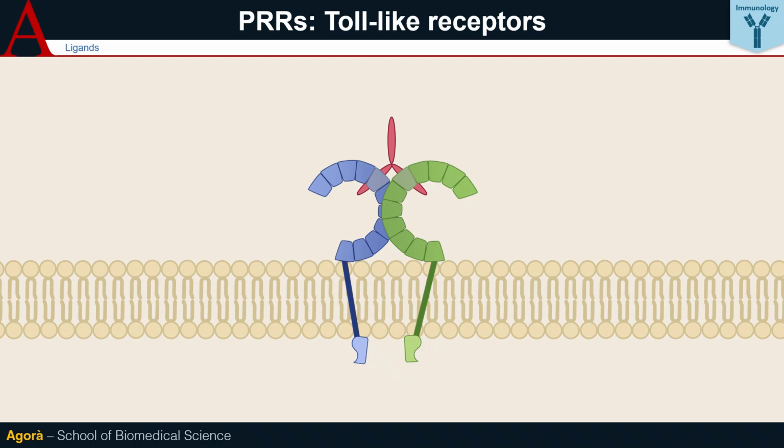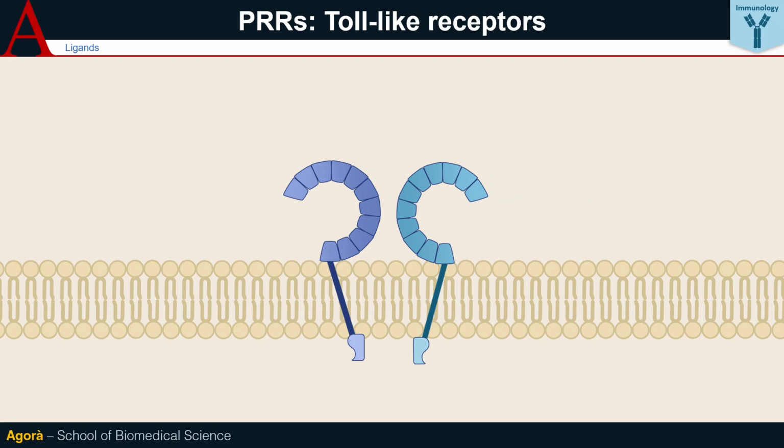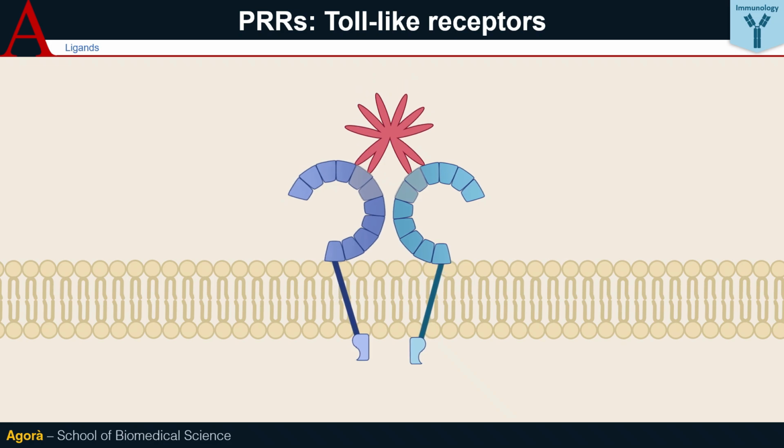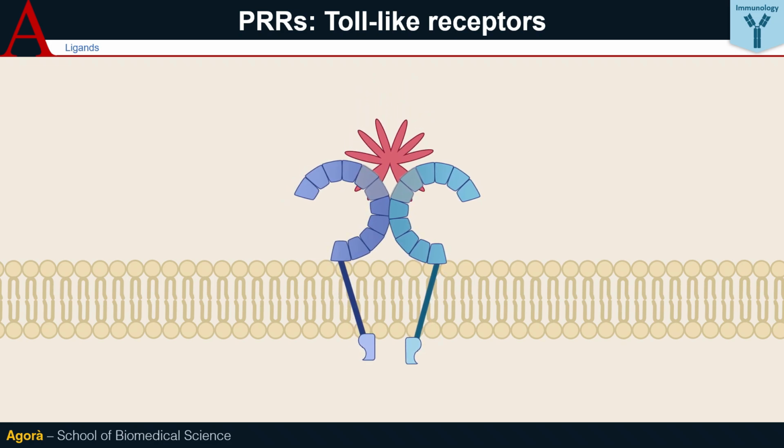This process drives TLR1 and TLR2 to dimerize, thereby initiating signaling. A similar mechanism is envisioned for diacyl lipopeptides, which are recognized by the TLR2 and TLR6 heterodimer.